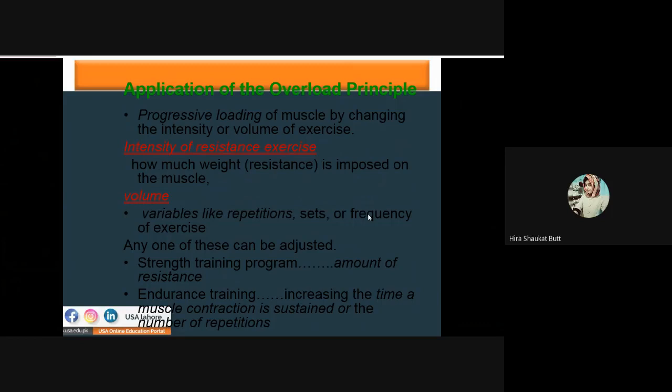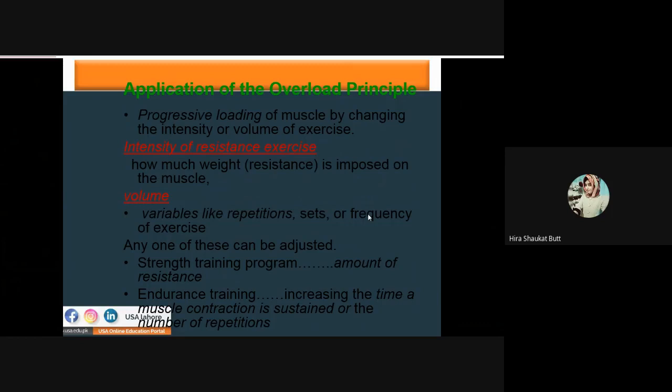First, let the muscle adapt to low intensity, then to slightly more intensity, then more, and then more. For example, if you are giving a person elbow flexion exercises with a 2 pound dumbbell, let the muscles adapt to the 2 pound dumbbell.